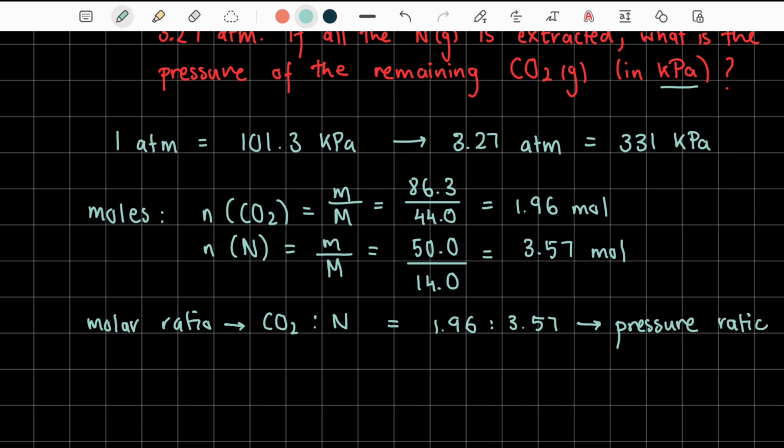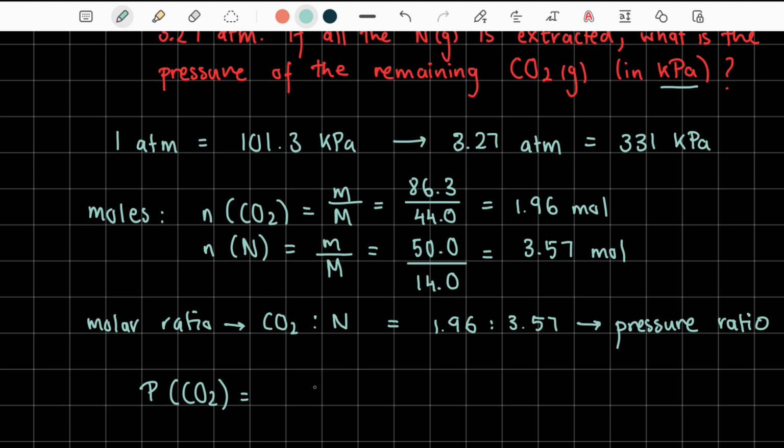Okay, now the next thing that you need to do is find what the actual partial pressure of CO2 is going to be. The partial pressure of CO2 gas is going to be the fractional amount of the moles of CO2 multiplied by the total pressure.